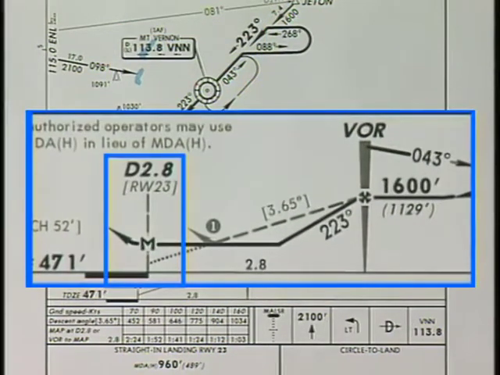However, the missed approach segment does not begin until the missed approach point. Therefore, you must delay the turn until you reach the MAP. There is no restriction on climbing early, but an early turn may not provide the necessary obstacle clearance.